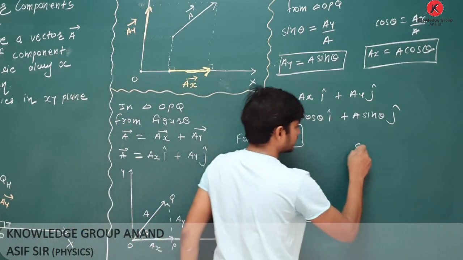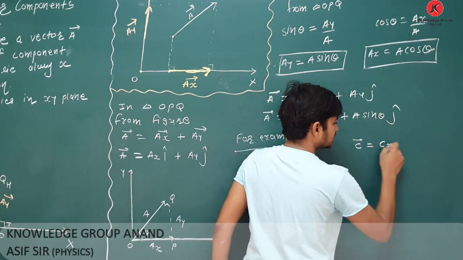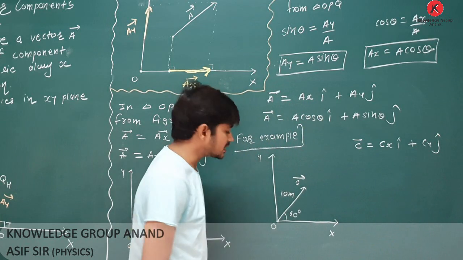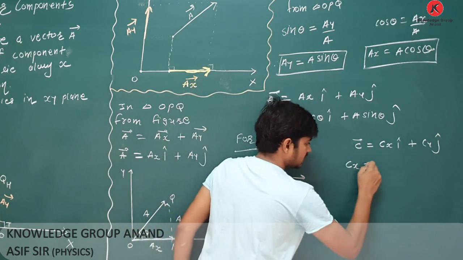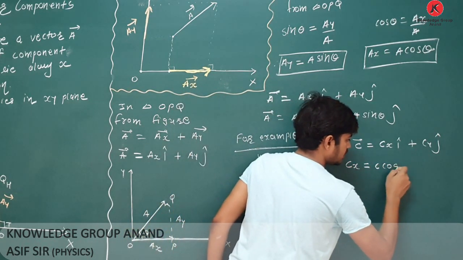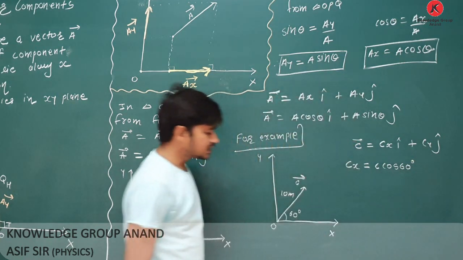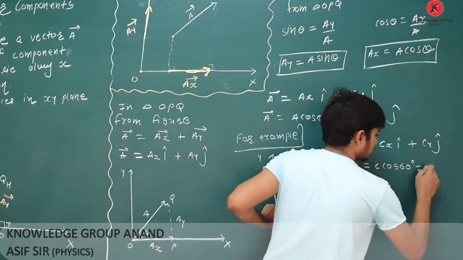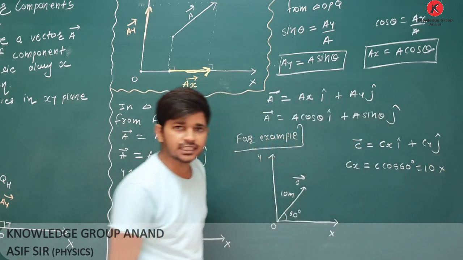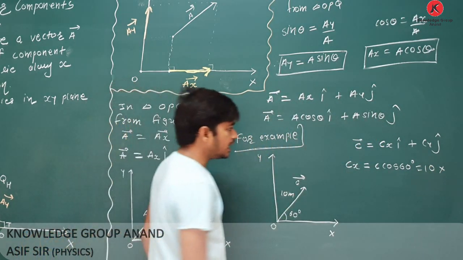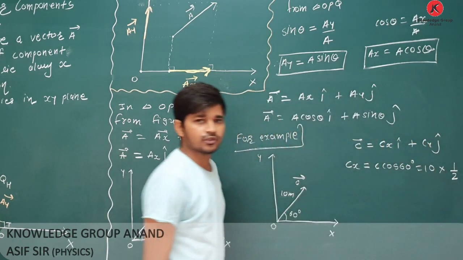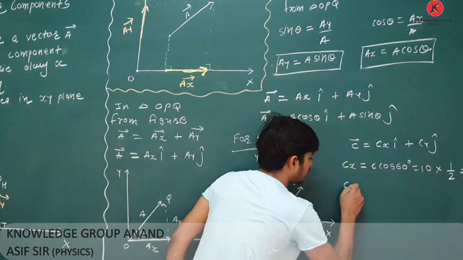I can write this vector C is equal to CX i plus CY j, where CX is equal to C cos 60. What is the value of C? It is 10. What is cos 60? It is 1 by 2, so it is 5. Clear about this? Okay. What is its y component?